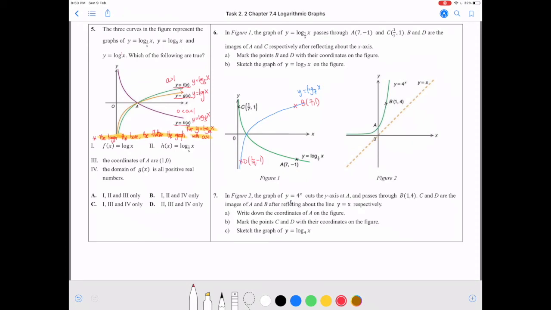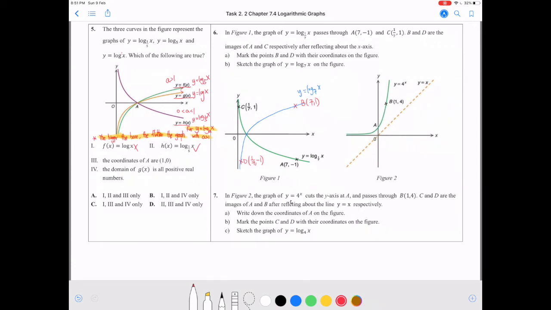Now we can do the question. The first one, f(x) equals log x. This is wrong. The second one, h(x) equals log base 1 over 5 of x. This is correct. Number 3, the coordinates of A are (1, 0).